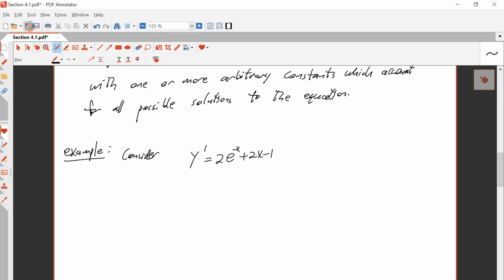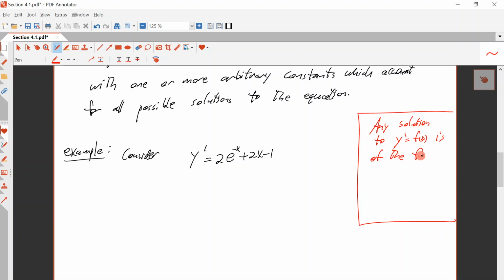We can solve this differential equation. It's just y prime equals f of x. Any solution to y prime equals f of x is of the form y equal to capital F of x plus c, where capital F is an antiderivative of little f.